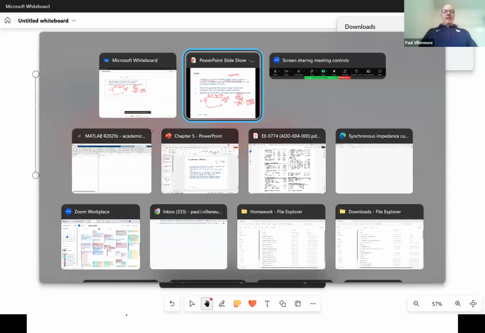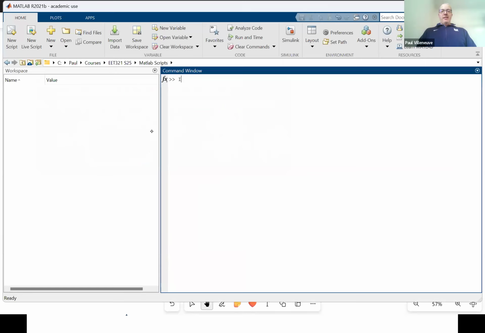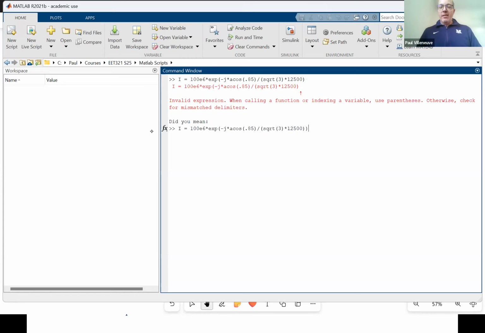So my I is going to be equal to the 100 MVA times, remember that I have to use Euler's identity to enter this in MATLAB, negative j times the inverse cosine of 0.85. That's the S, and that's already taken the conjugate. Now I have to divide that by the square root of 3 times 12,500. We've got a parenthesis right here.